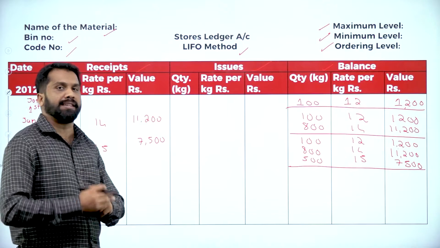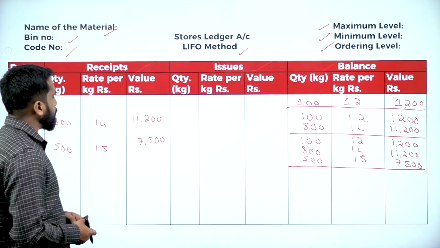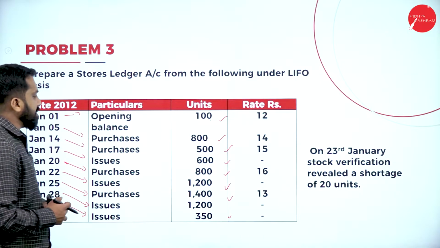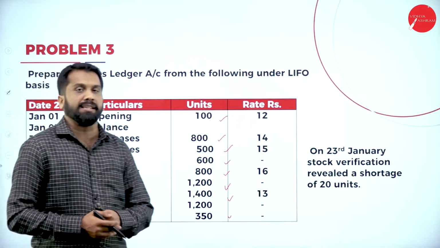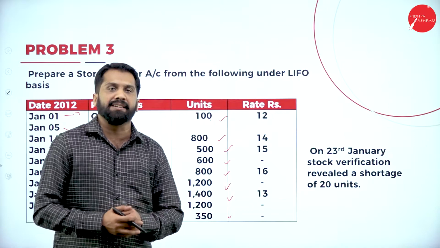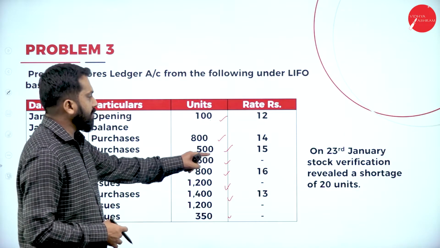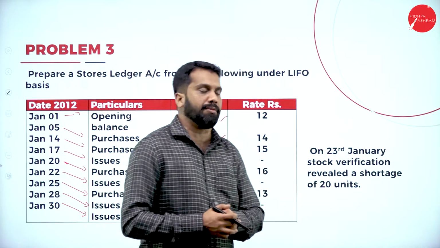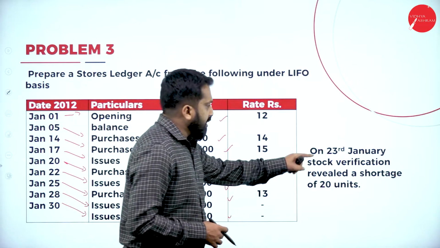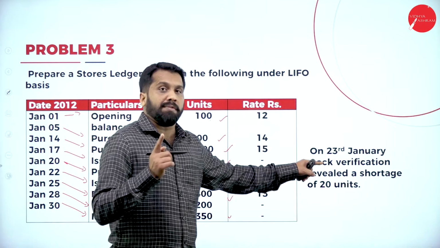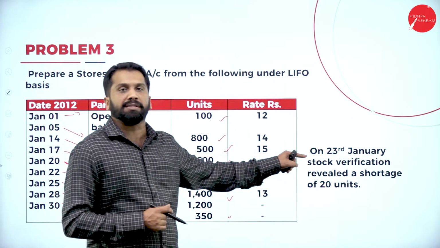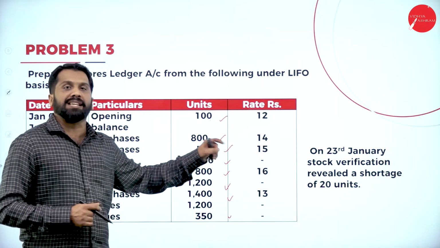Now we'll go for the next one, January 17th. On January 17th, there is an issue of 600 units. Always remember, for an issue, they will not give you the value. Never forget your adjustment on the 23rd, because the adjustment date is important.